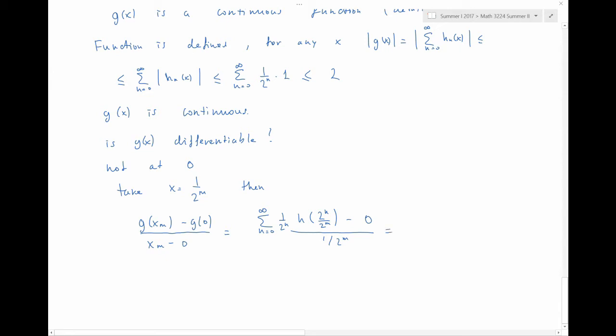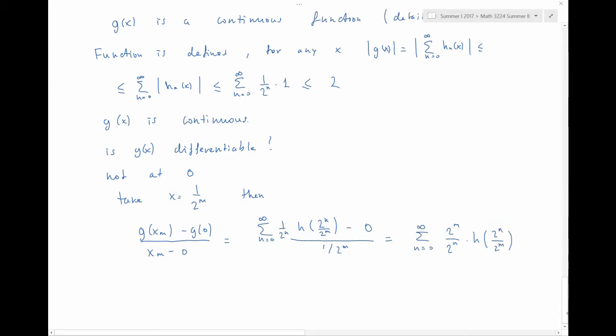So it can be written as a sum, as n goes from 0 to infinity, of 2 to the power m over 2 to the power n times h evaluated at 2 to the power n over 2 to the power m.